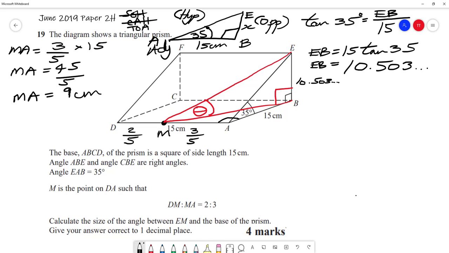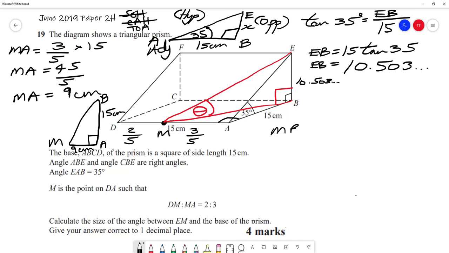So I'm going to draw a triangle MAB out here. So we've got a right angle triangle. This is MAB. Now we know that MA is 9 centimeters, we just worked out. AB is 15 centimeters. So we can work out MB from Pythagoras.